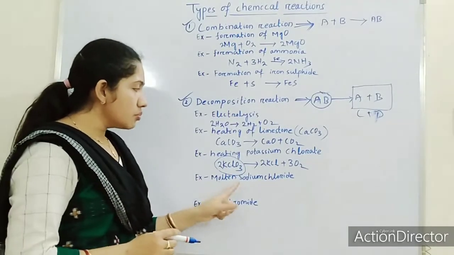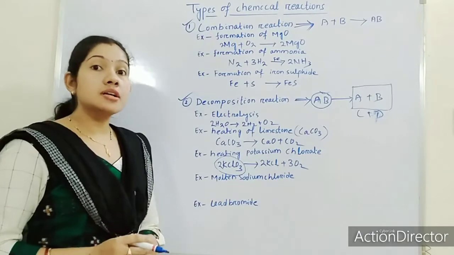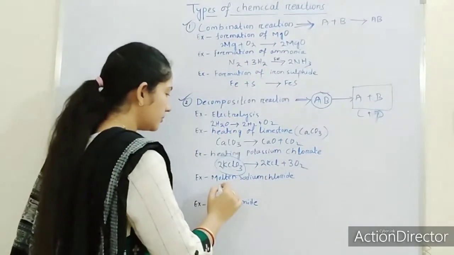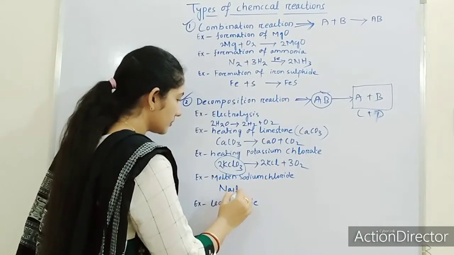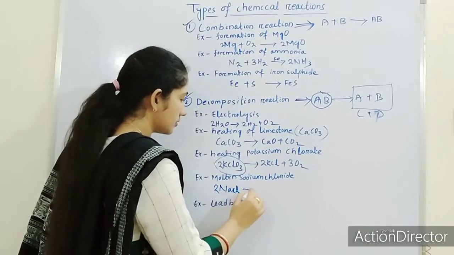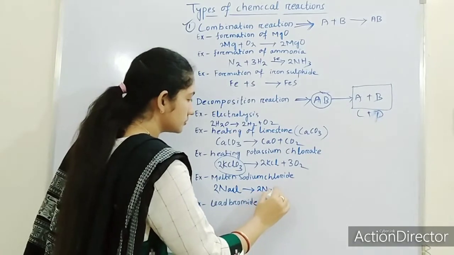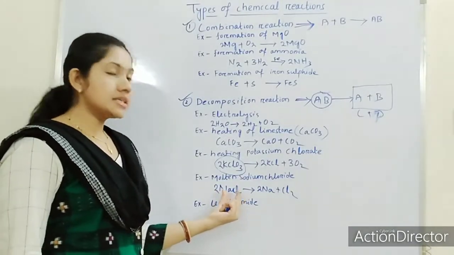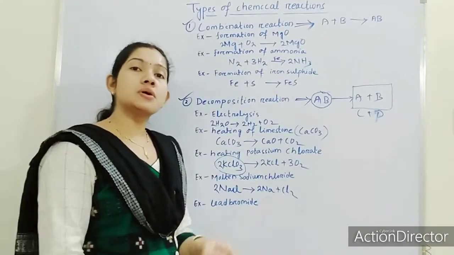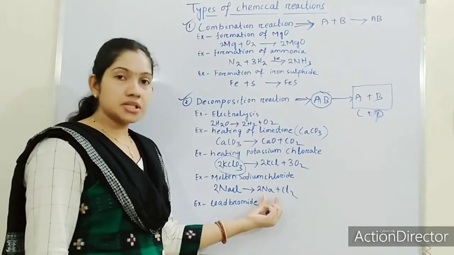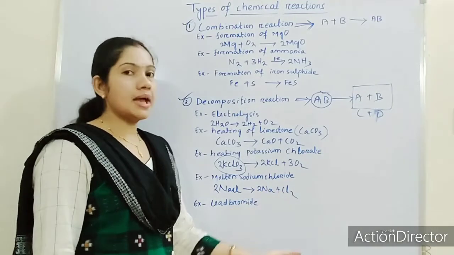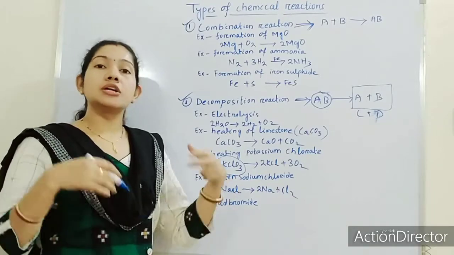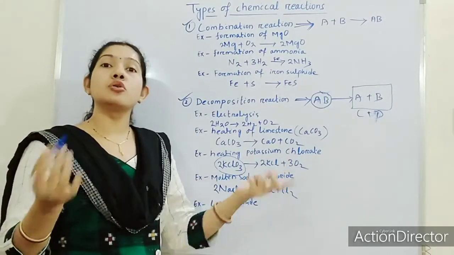Next, molten sodium chloride. Molten sodium chloride means when we melt sodium chloride. You can write it like this. When sodium chloride is melted, it will form its respective elements. What are the respective elements of sodium chloride? Sodium and chlorine. So when we melt sodium chloride, it will form sodium and chlorine respectively.